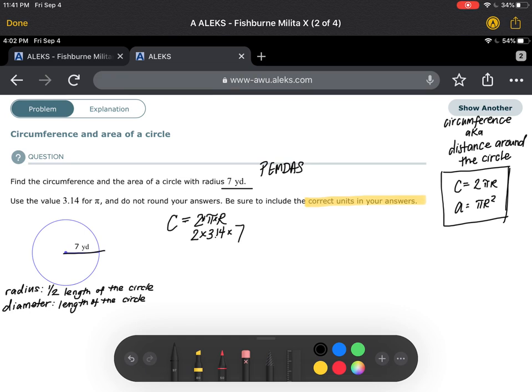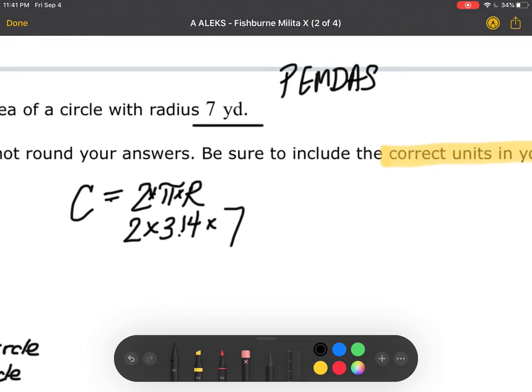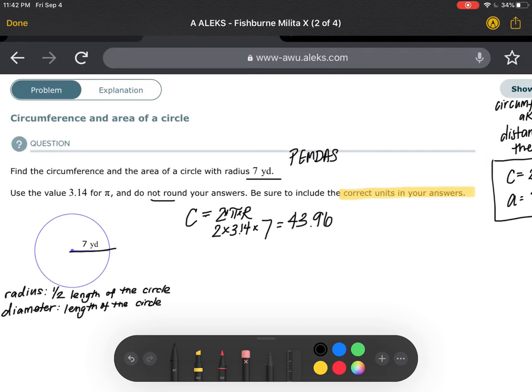It should give you a calculator for this, so I'm just going to put it in mine. So it's 2 times 3.14 times 7, which is 43.96. Now, remember it says do not round your answers, okay? I'm going to not put my units there for a second, but I'll just leave a little box.